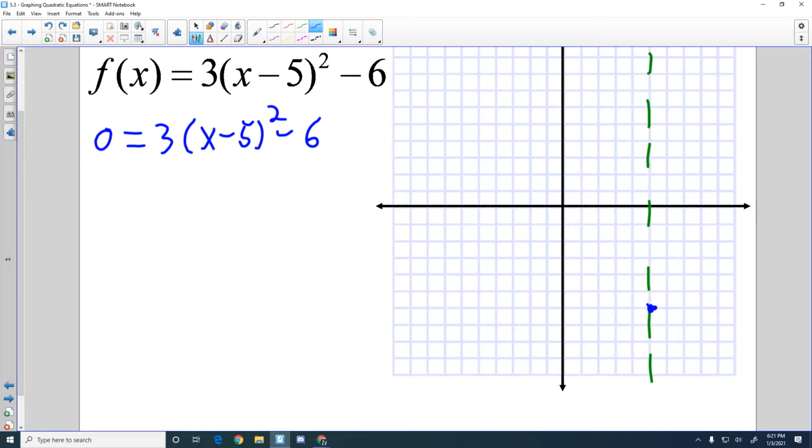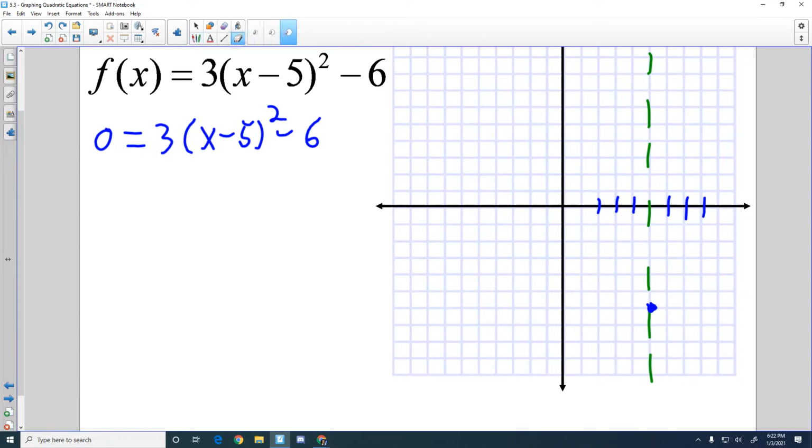If you can't find those, if they don't work out, you can always just go back to your vertex, right? And I've got a point at 5. Well, see if there's a point when x equals 4, or then when x equals 3 or 2, or when x equals 6 or 7 or 8. So you're just plugging in those different values for x to get the y value that goes with it.